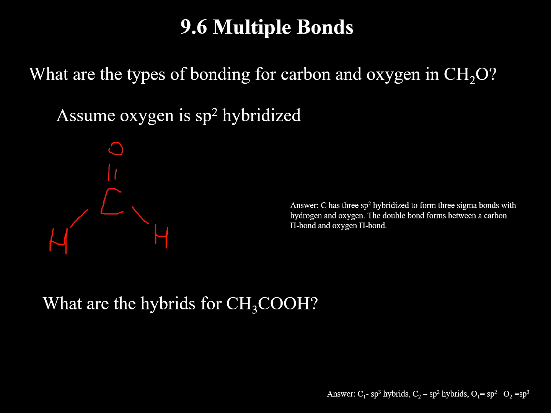So this corresponds to sp2. This would be an sp2 hybridization on the carbon. How many sigma bonds? We have 1 sigma bond, 2 sigma bonds, 3 sigma bonds. And how many pi bonds? We have 1 pi bond here.